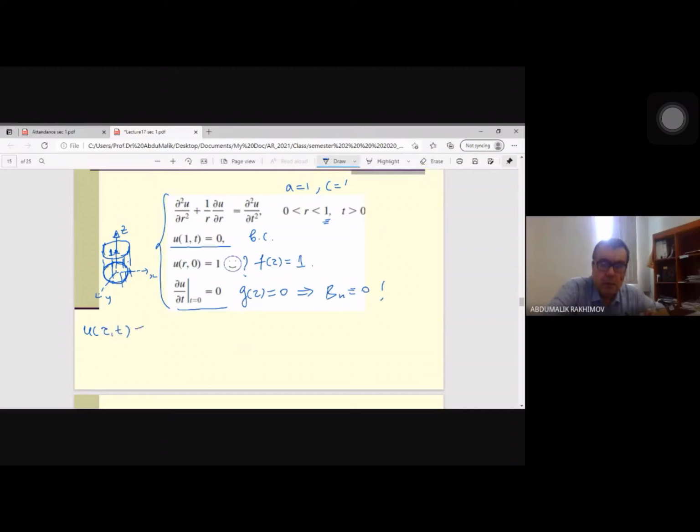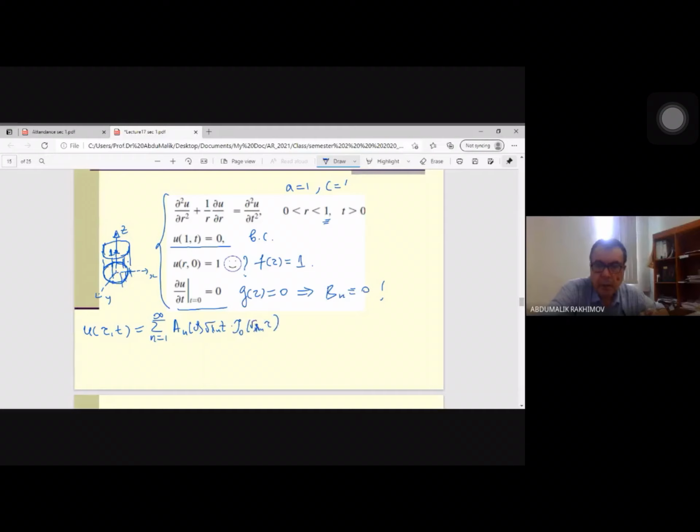U(r,t) equals, if you see the formula above, the Bn coefficients are all 0, so the solution will have this shape: the sum from n equals 1 to infinity of An, cosine, A is equal 1, root of lambda n t, times J0 of root of lambda n r.